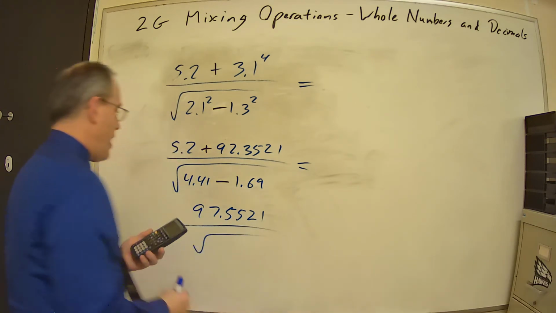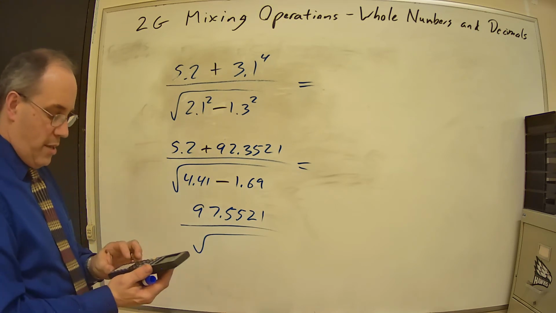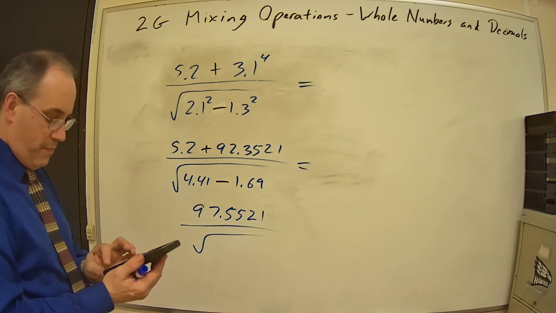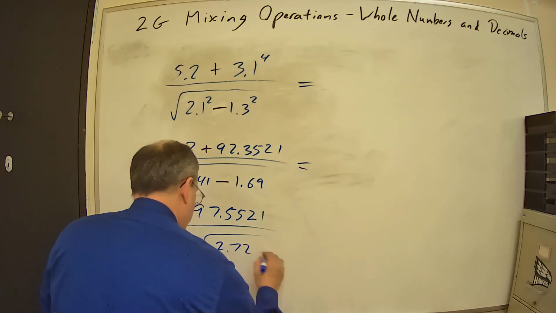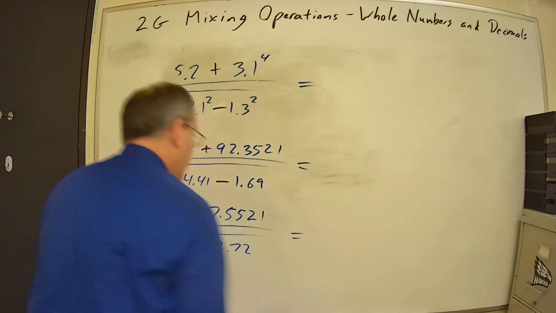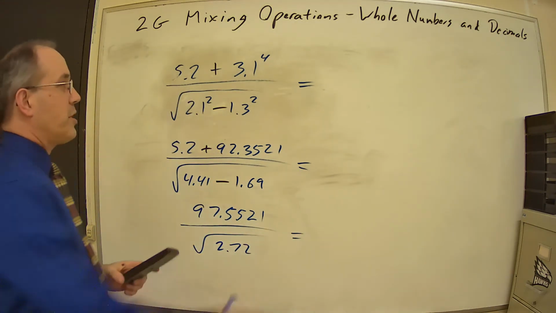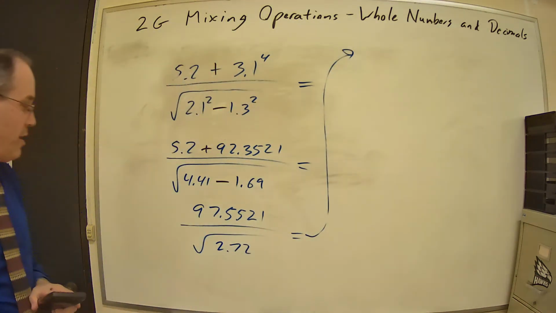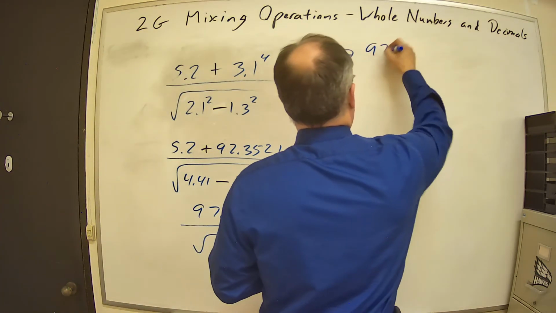Still going to keep this radical here, and I've got 4.41 minus 1.69. 4.41 minus 1.69 gives me 2.72. And still, I've got this radical here I've got to do, so I'm just going to move up here to continue on. So I still have 97.5521.